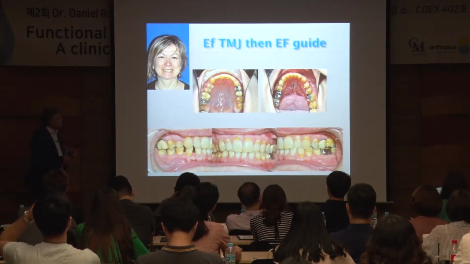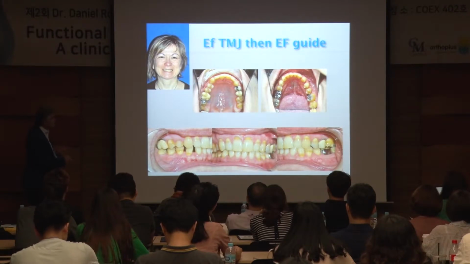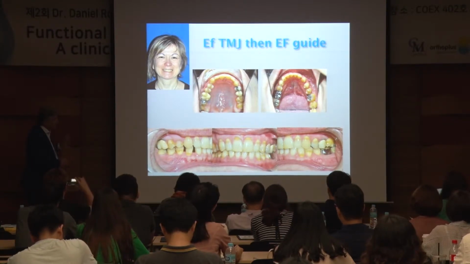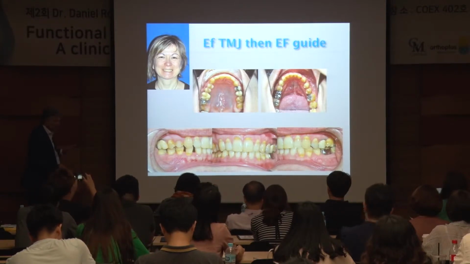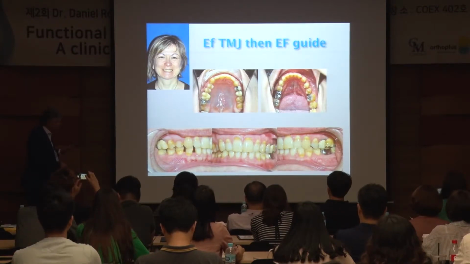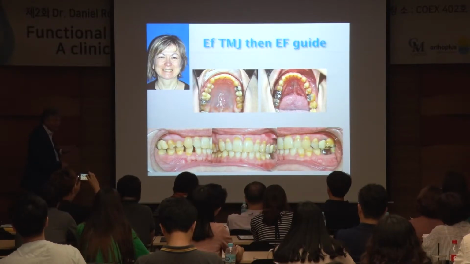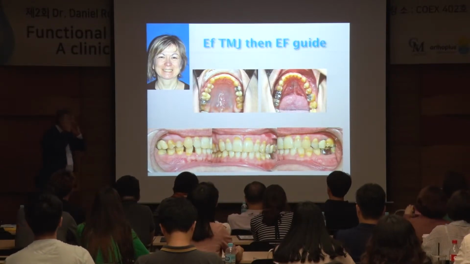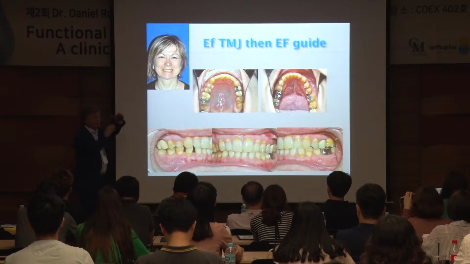And you can see here EFTMJ and after, the EF guide will change it. Now she has no pain. But I said to her, maybe we can use a fixed appliance to correct that. She said no, I don't want to, because now I have no pain. She can open correctly.